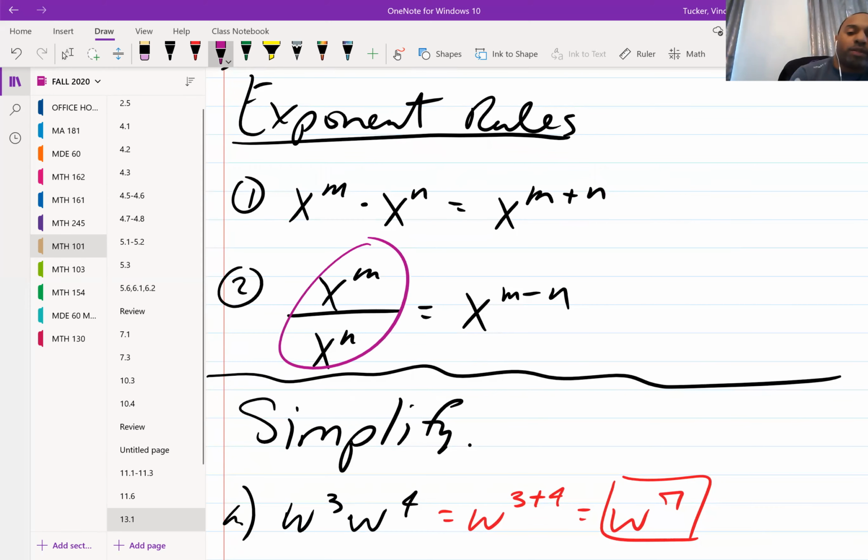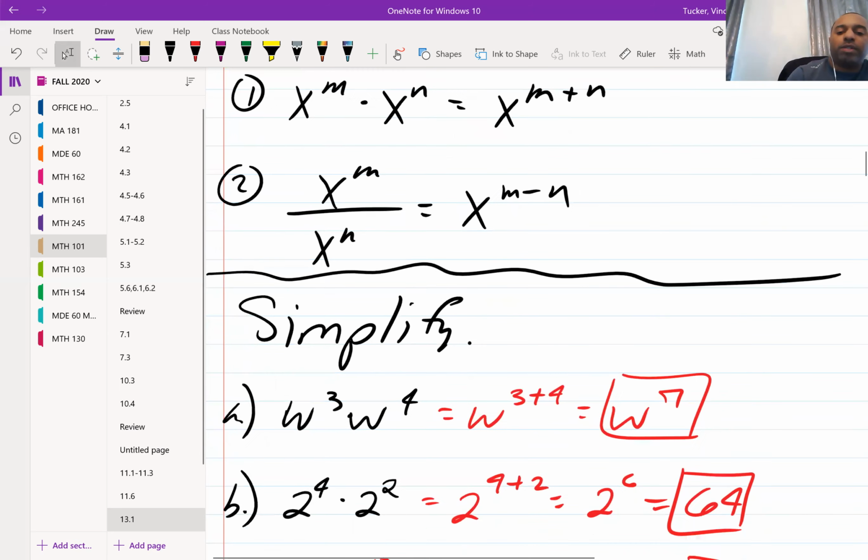Then the second one, whenever you're dividing, you're going to subtract your exponents.